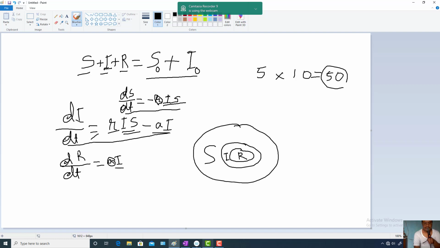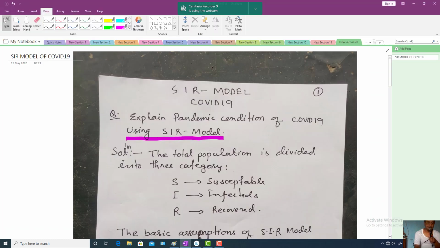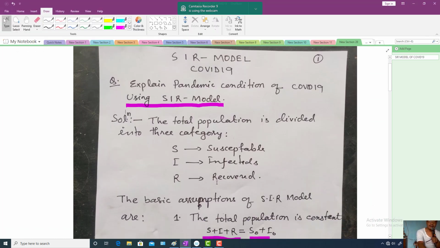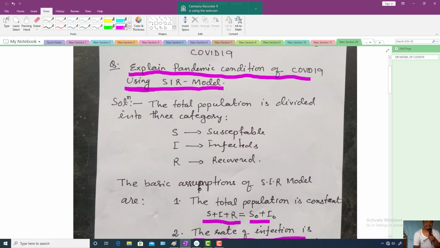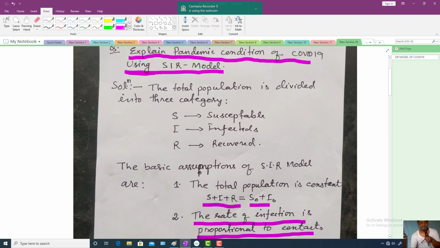Okay. So let us go back to our notes. So this is: explain the pandemic condition of COVID-19 using the SIR model. As I told you, the total population is divided into 3 categories. The first category is susceptible. Everyone in the population is equally susceptible to the virus, because it is a novel coronavirus.